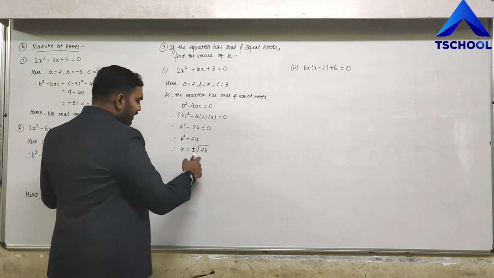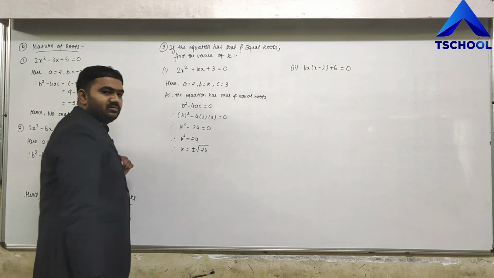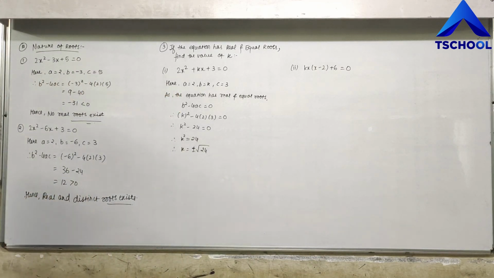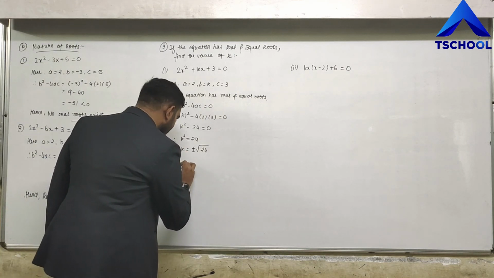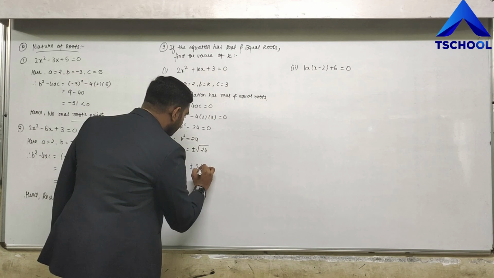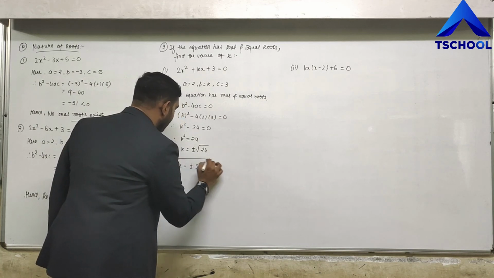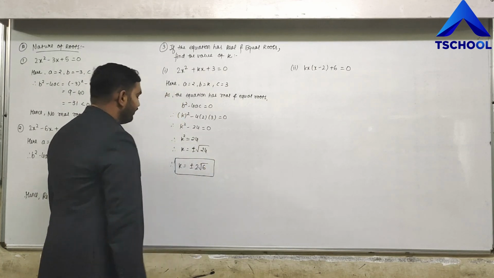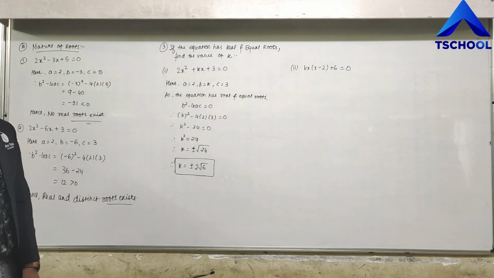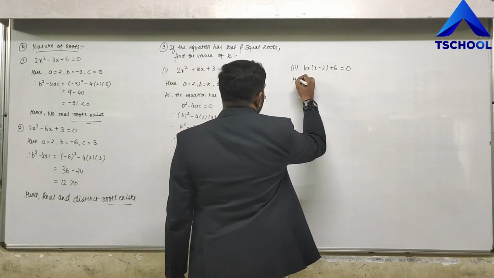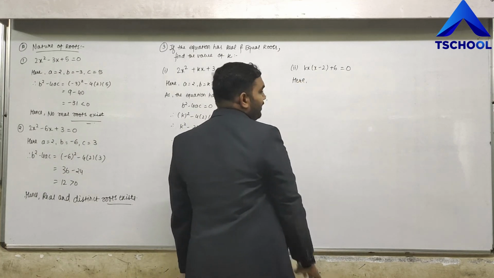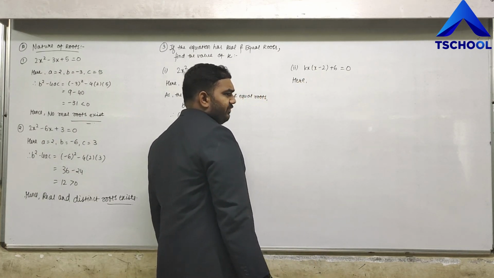Or this can be written as k is equal to plus or minus 2 root 6, right? Because 24 can be written as 4 × 6 and the square root of 4 is 2, that is 2 root 6. Coming to the second question, here a, b and c are what? We don't know, right?